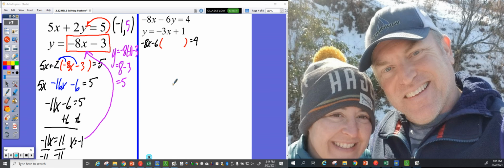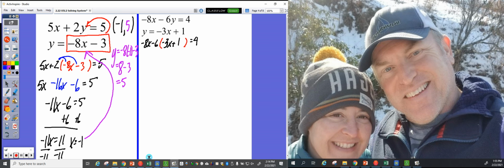All right, so just kind of the setup. This is what y equals. We replace it with y up here. So y equals negative 3x plus 1. All right, so we're going to go ahead and distribute that.